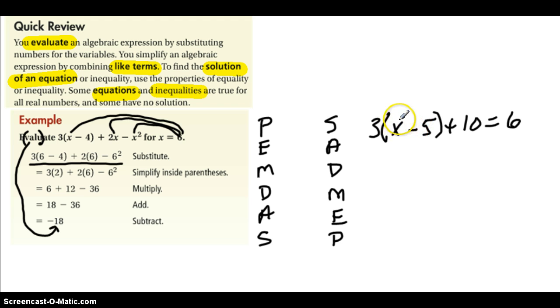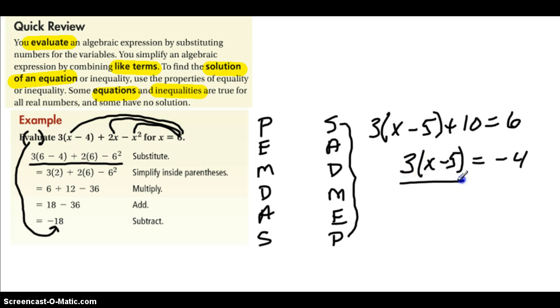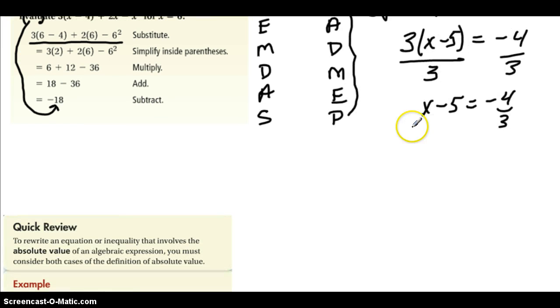So to get this x by itself, in other words, solve for x, we have to do a couple things. First, we're going to have to pick off this 10. Again, we're doing SADMEP in reverse. Subtract 10 from both sides. Then we can divide both sides by 3. And then our final step is to add 5 to both sides.